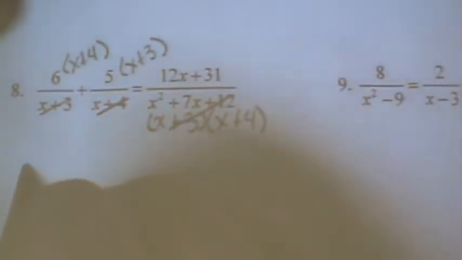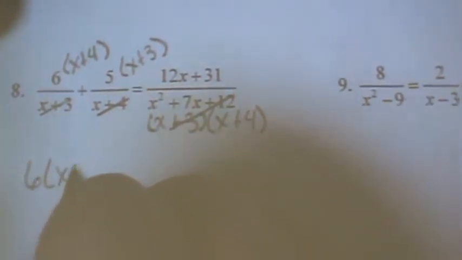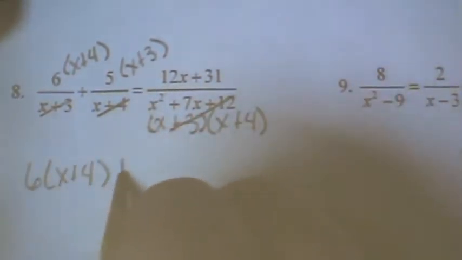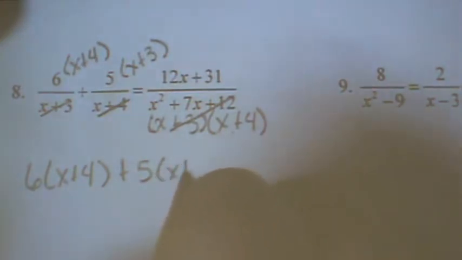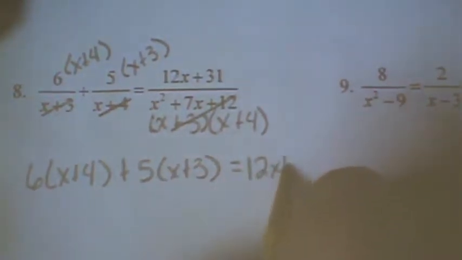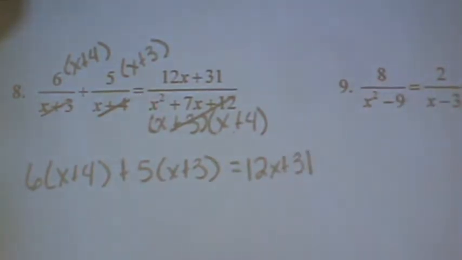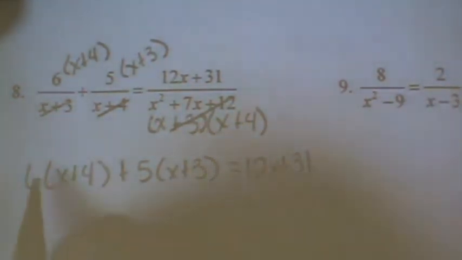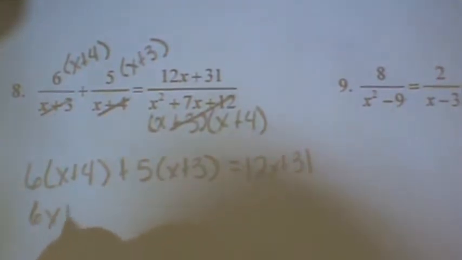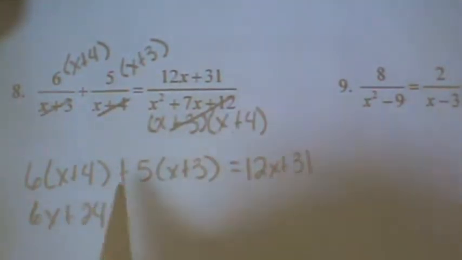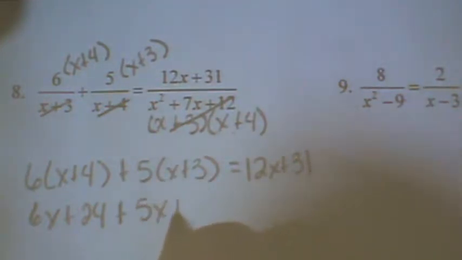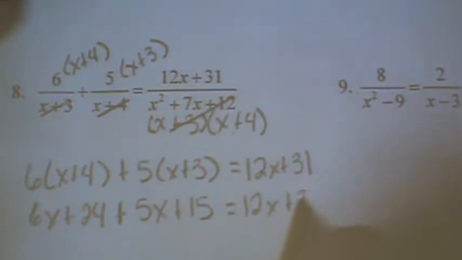So we're going to be left with 6 times x plus 4 plus 5 times x plus 3 equals 12x plus 31. Distributing the 6, we get 6x plus 24 plus 5x plus 15 equals 12x plus 31.